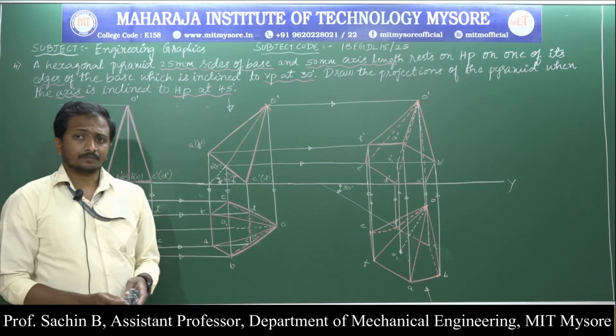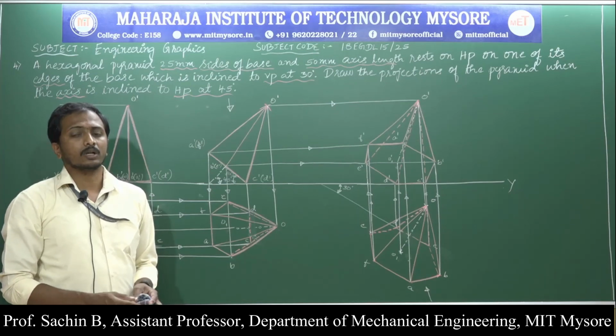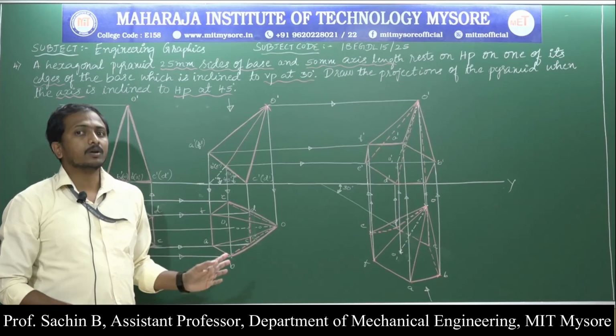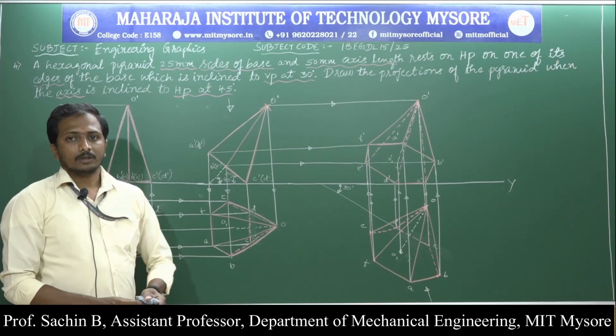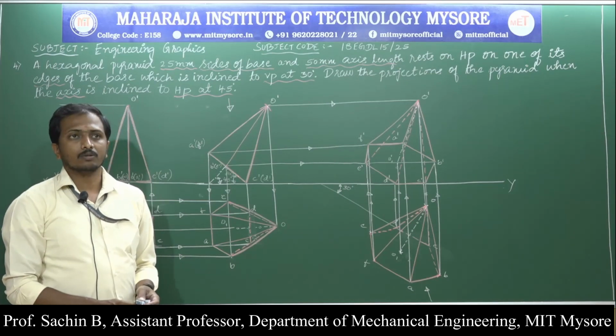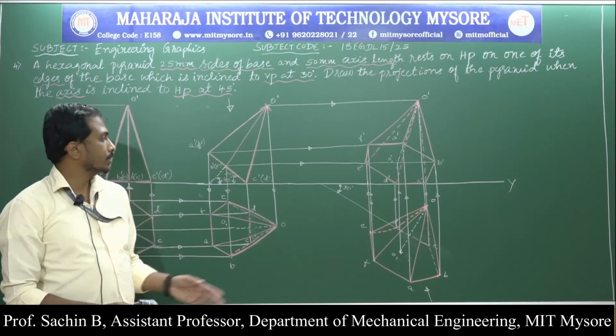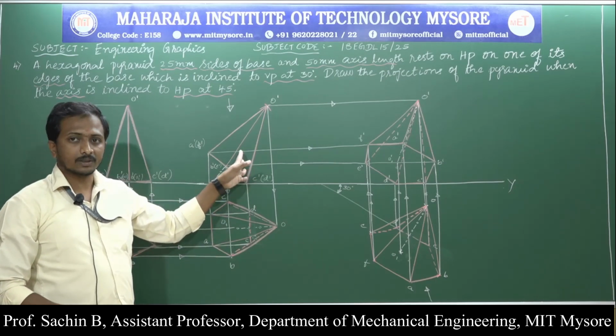In this problem, it is similar to the first problem what I have done in the last class, purely on square pyramid resting on edge condition. When they ask questions in the exam or in the test on resting on edge condition, no need of finding out the beta angle, because in the second position they are going to ask the inclination with reference to the axis.